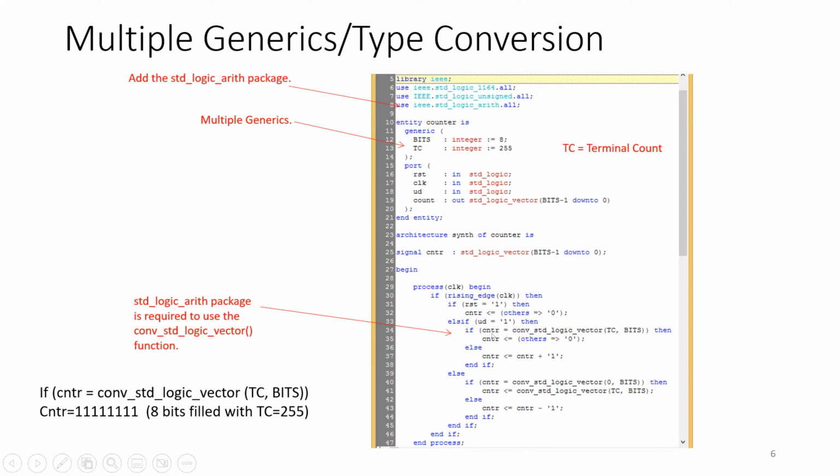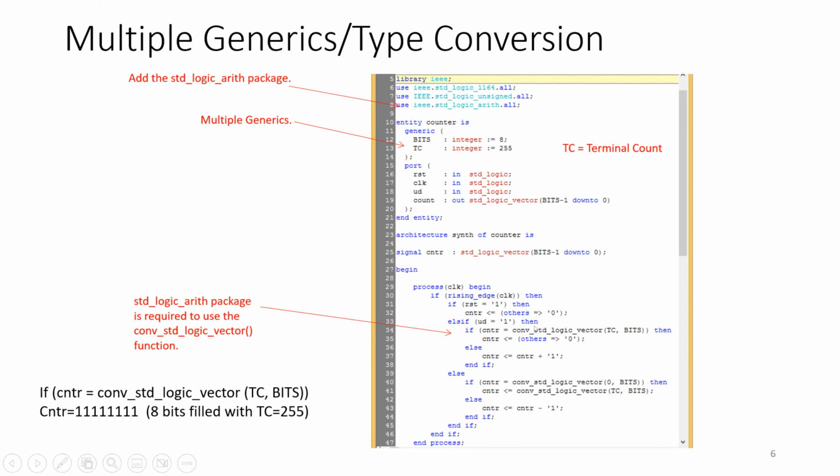Counter is incrementing up, up, up, up. When it reaches 1, 1, 1, 1, I want it to reset to 0. This is the second one. So I am comparing the value of counter, which I specified as 8-bit standard logic vector, so I have to have 8-bit.